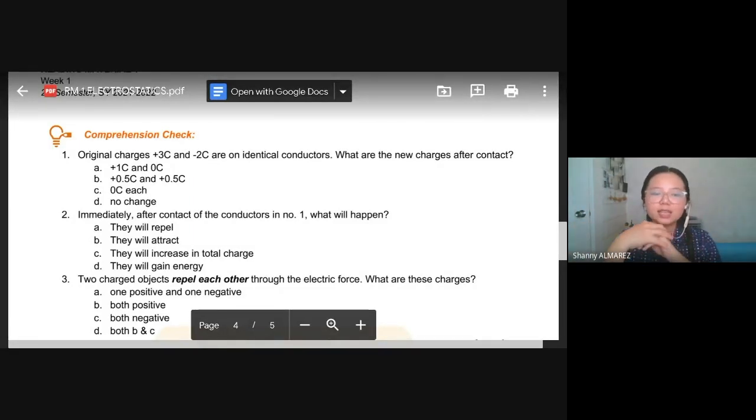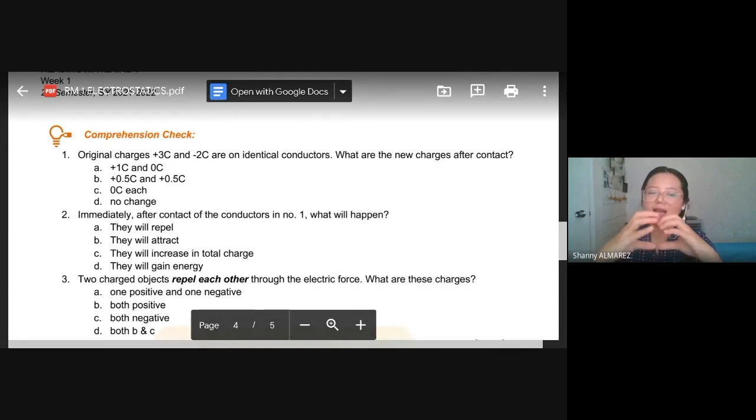Ngayon, pag na-redistribute na siya, so remember, magkadikit pa yan. So, after the redistribution, magkadikit pa sila, we consider it as 1. So, pag kinonsider natin sila as 1, ilan ba yung net charge? If we consider them as 1 after the redistribution. We have positive 3 plus negative 2.